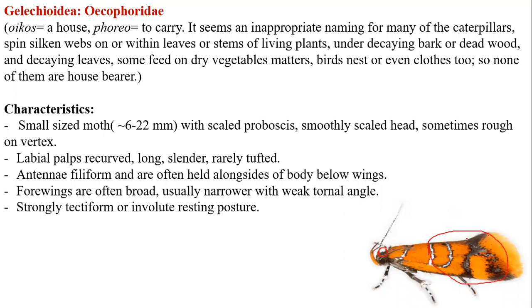You are seeing that this moth seems to have no tornus at all. The outer margin is similar to the inner margin, and we are seeing no distinctive tornus in this moth. From these characteristics, we can at least get an initial idea of this family.